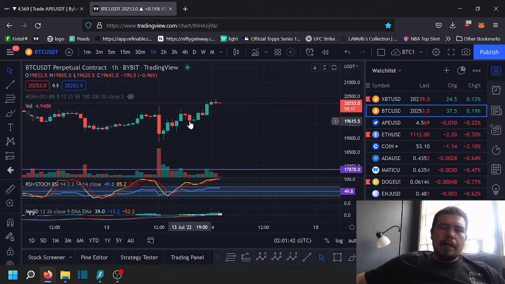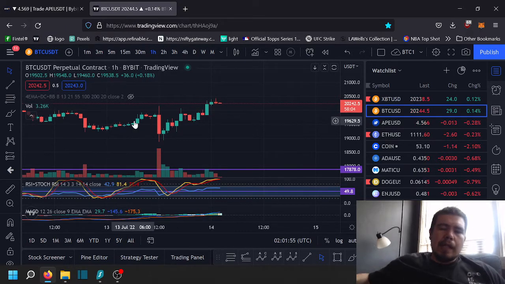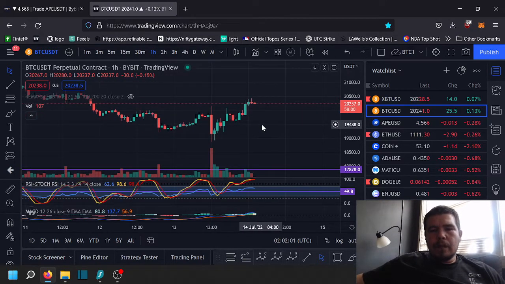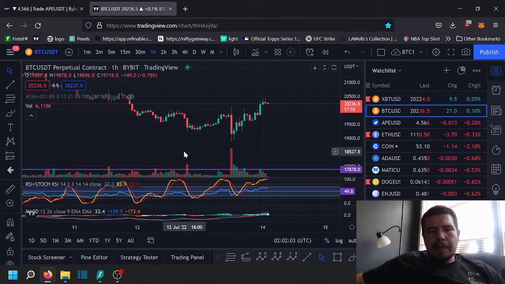Well, if the price action ended at say 19,629, and the second hour, this little green one, ended at 19,657, well, the price action is higher, so therefore it is a green candle. So I hope that makes sense for you guys.